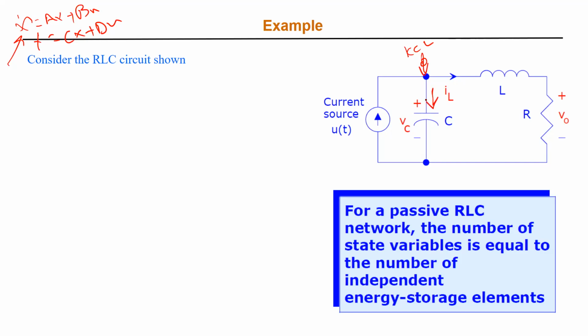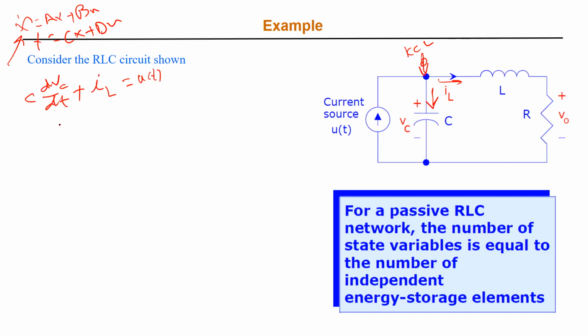C dvC/dt plus IL, the current moving in this direction, equal to u of t.